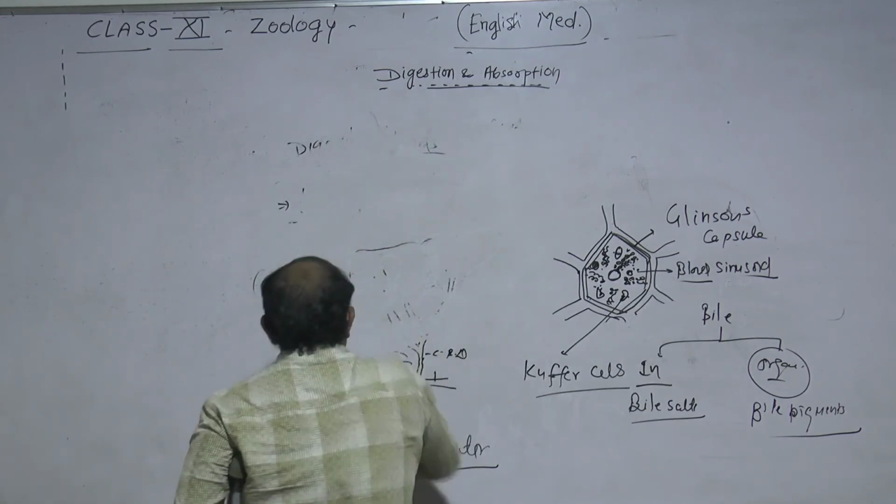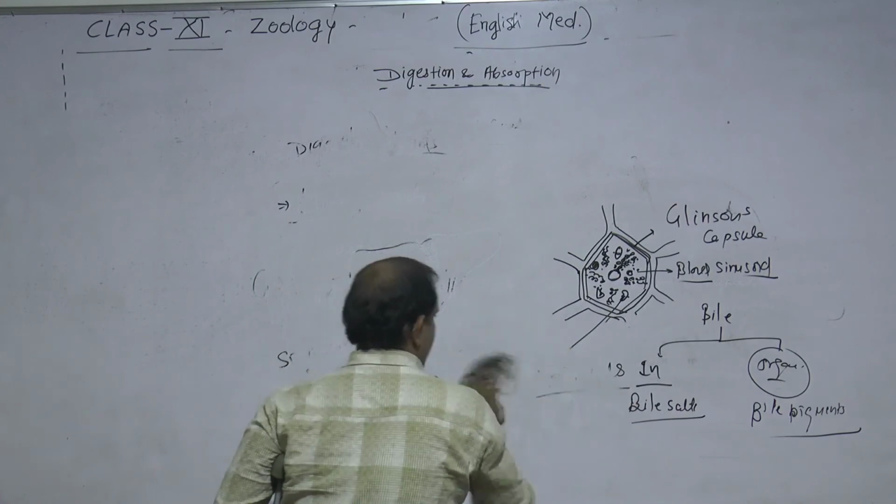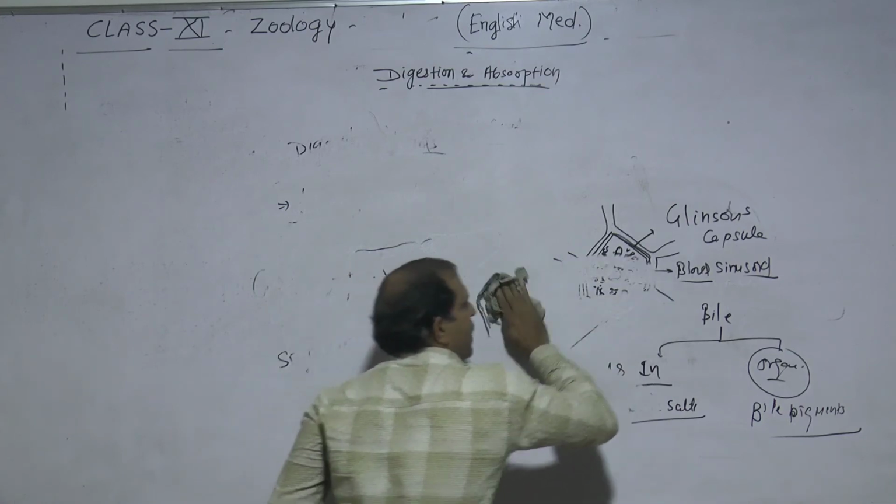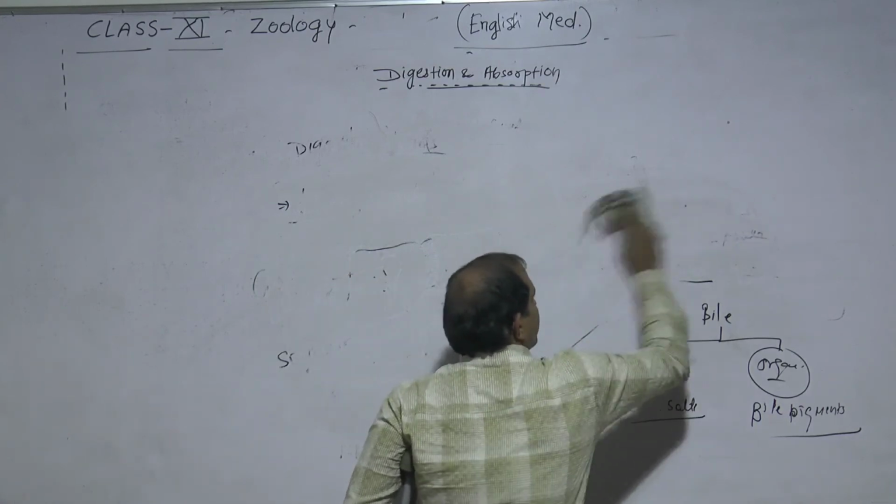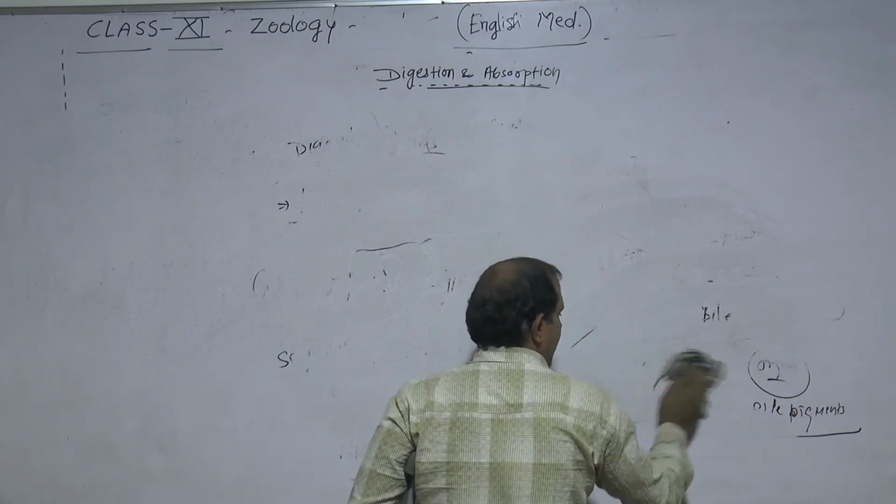After liver, the other digestive gland is pancreas.